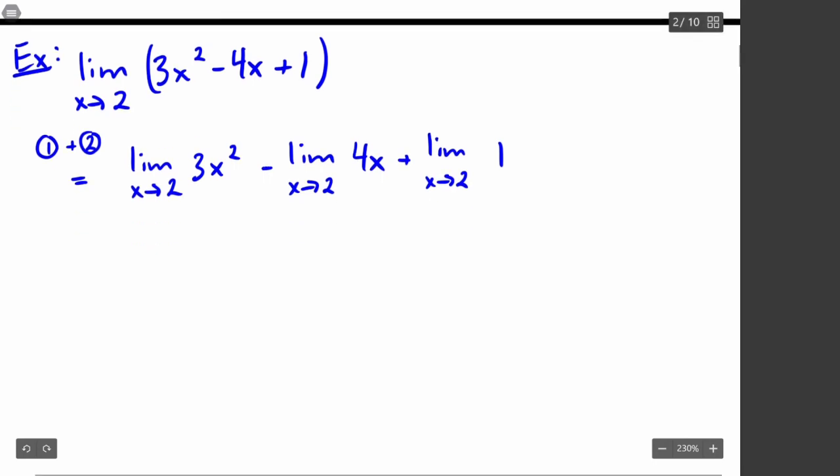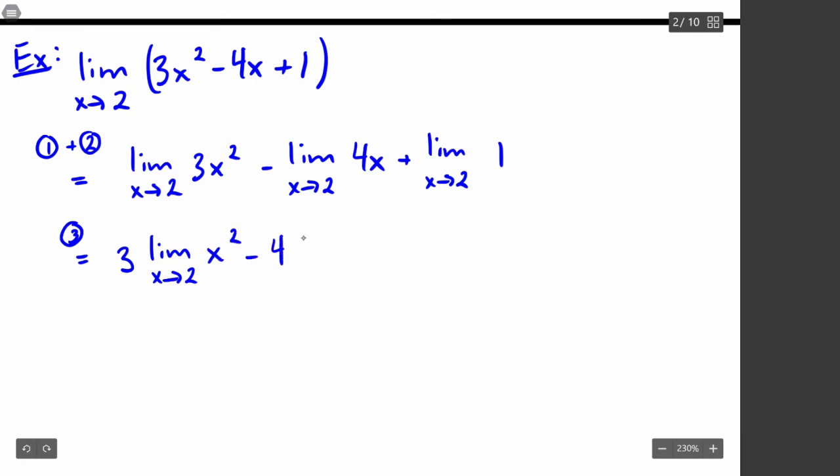Okay. Let's use property 3 to say that this is 3 times the limit as x goes to 2 of x squared minus 4 times the limit as x goes to 2 of x plus the limit as x goes to 2 of 1. Okay.